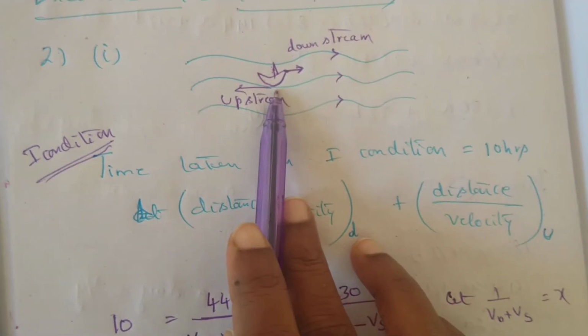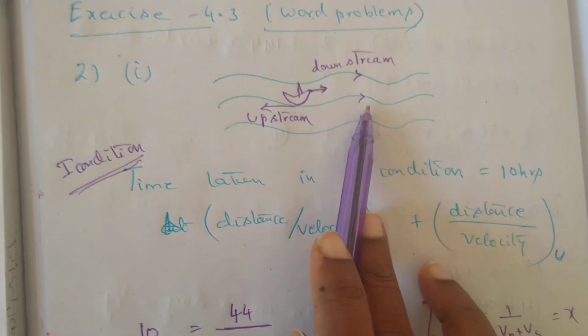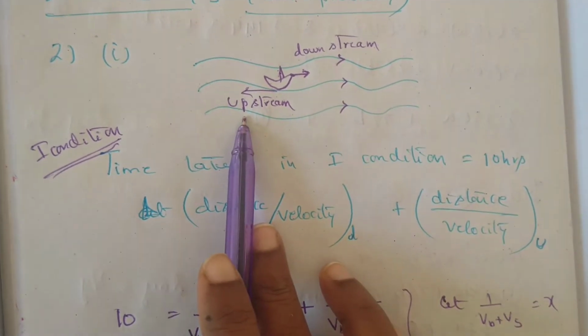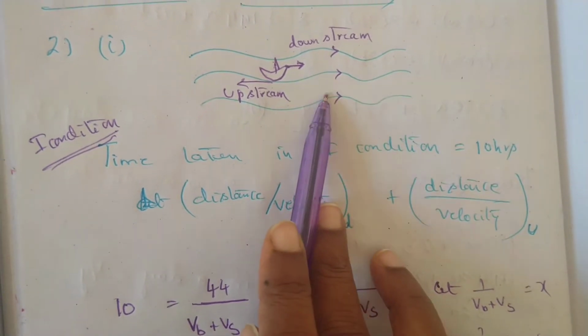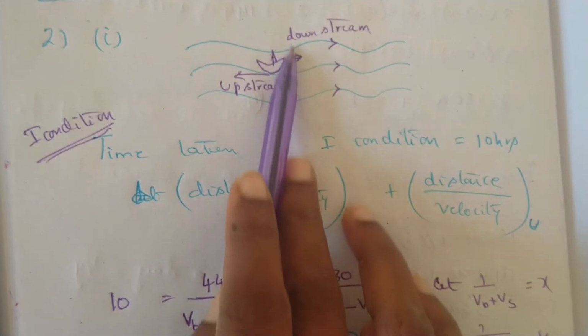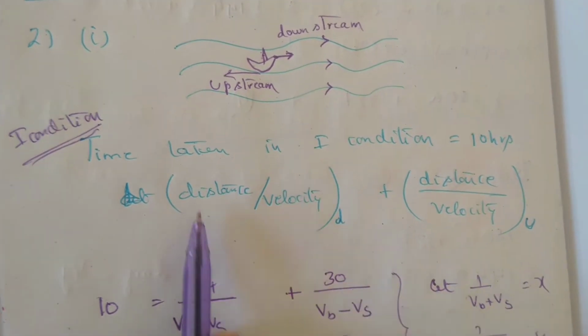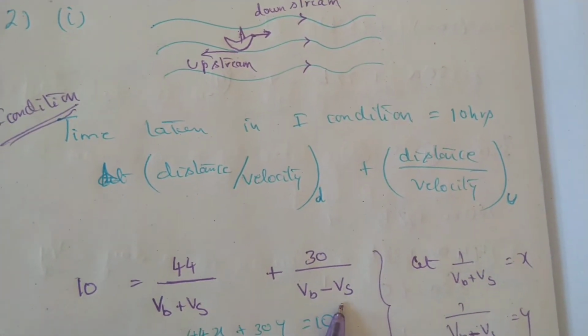If the boat is moving opposite to the direction of the stream, which we call upstream, then the velocity of the water will decrease the velocity of the boat, so that is vb minus vs.